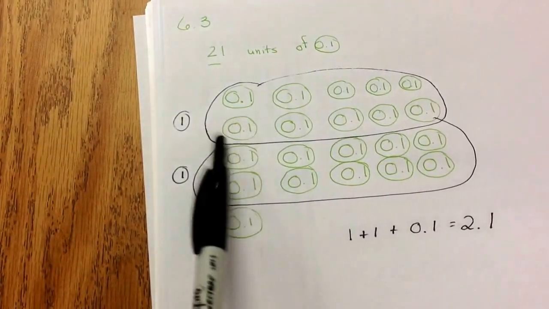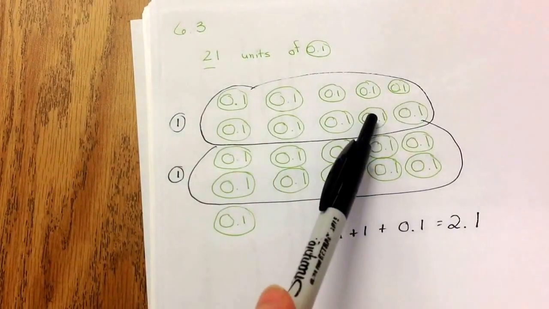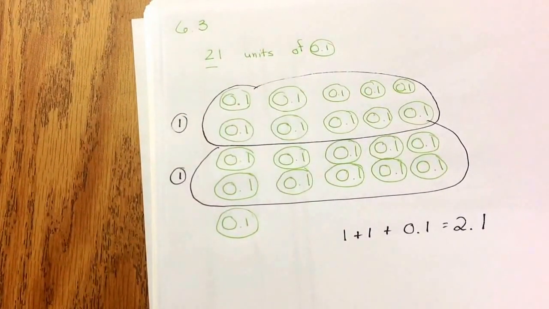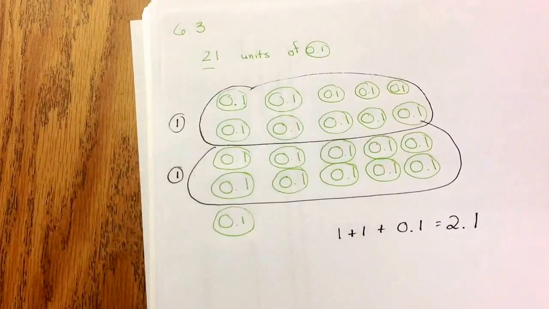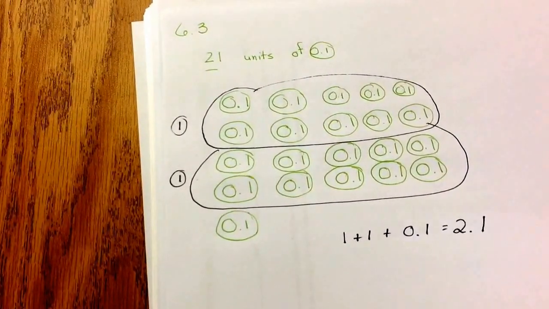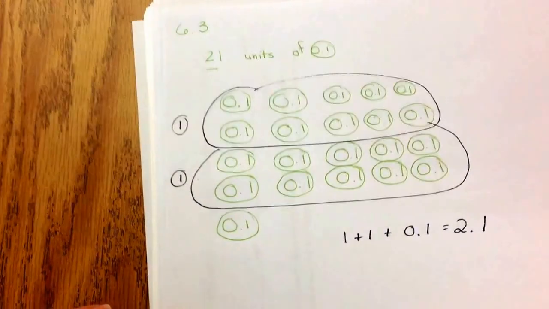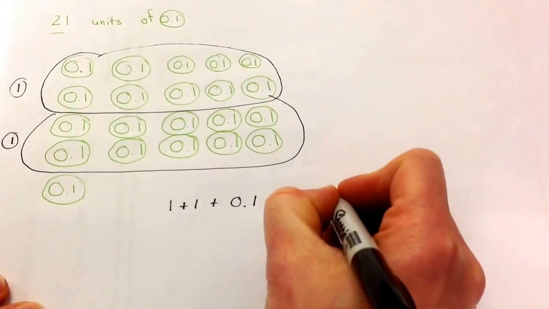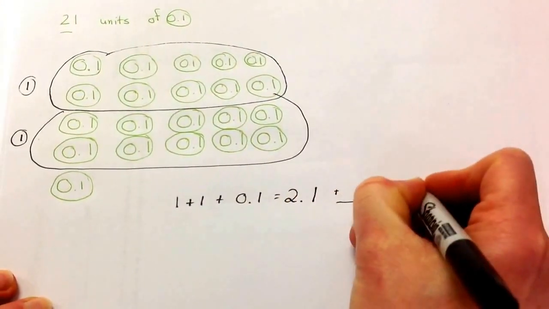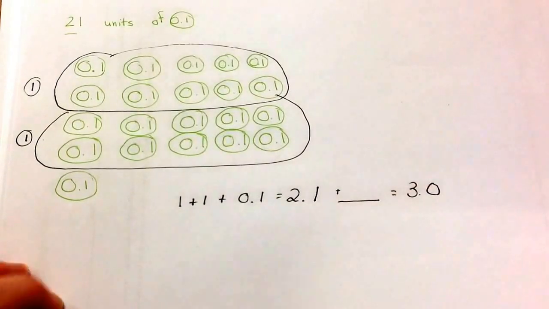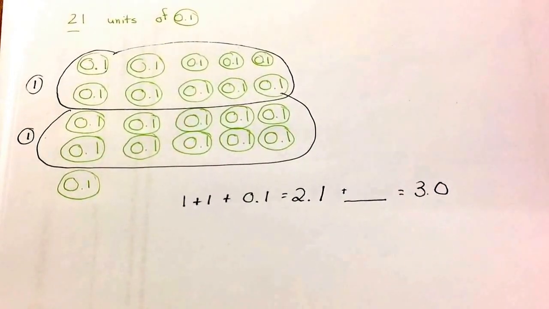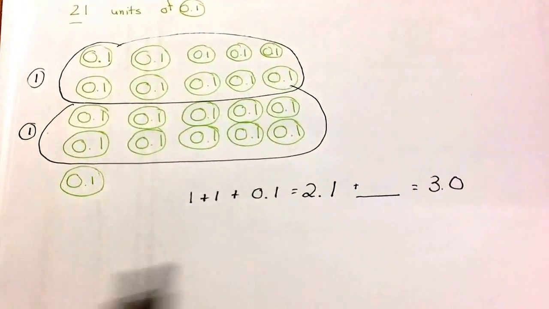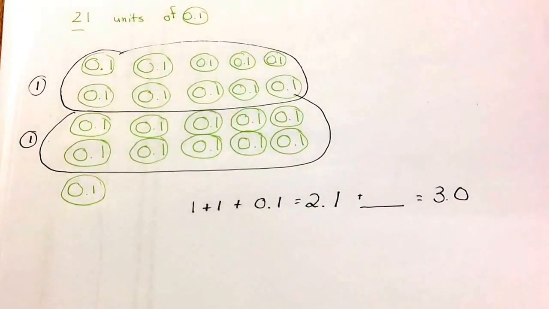So what I did is I bundled 10 tenths to make a whole, just like we used to do on our place value charts, the same thing. Now, here's a question for you. If I want to know what I need to add to this to get to 3 wholes, what would I do? How much would I have to add to get to 3 wholes?